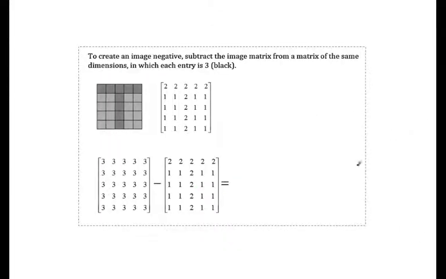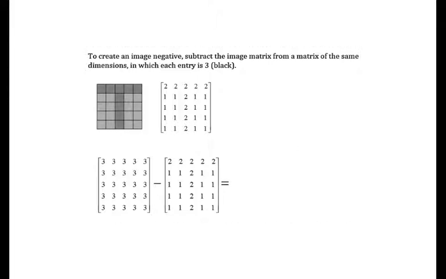A somewhat less obvious image transformation is taking the image negative. And in this case, we're starting with a T that is dark gray. So a T made of 2's on a background of light gray. So our background is all 1's.